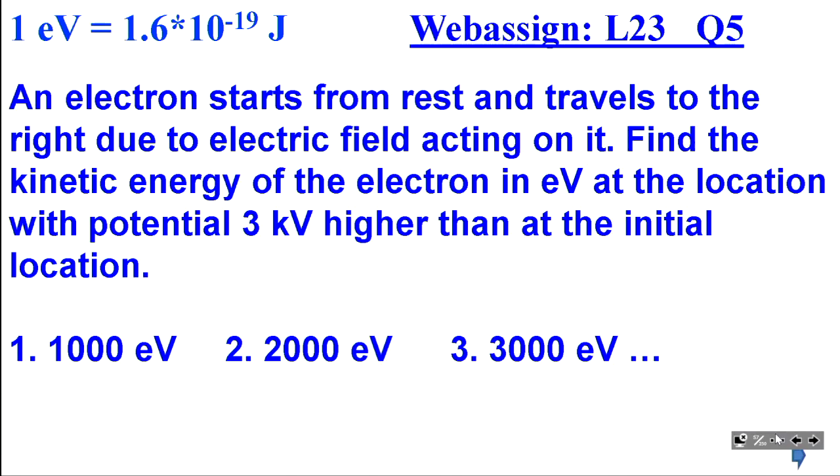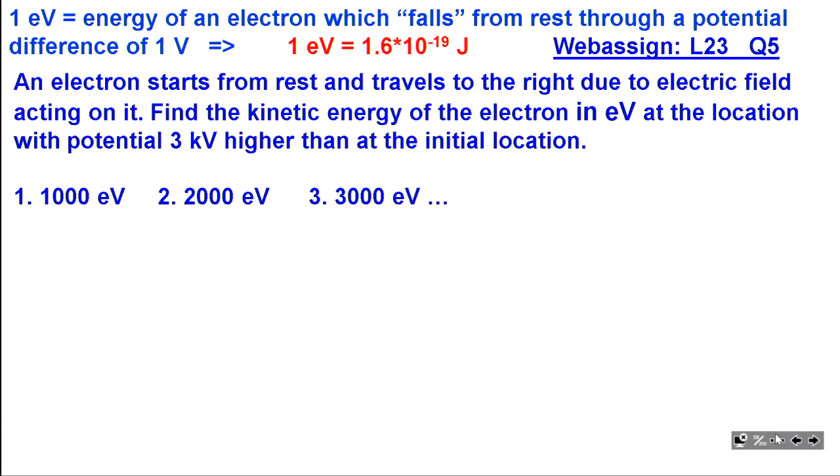setup. So, if traveling through 1 volt brings 1 electron volt of energy, how much energy does it bring if an electron travels through a 2 volt potential? 2 electron volts. 10 volts leads to 10 electron volts of gain. 3,000, that's what kilo means. 3,000 volts.